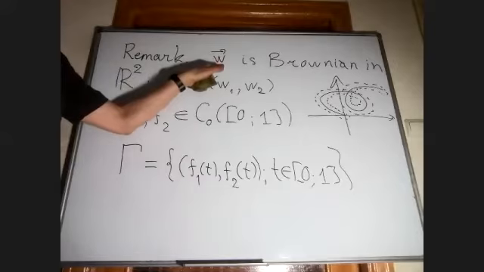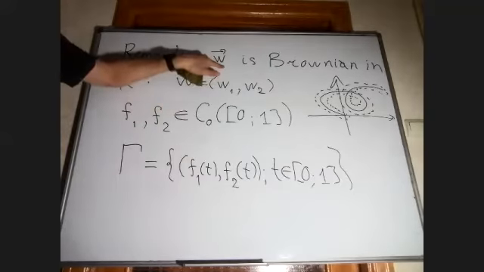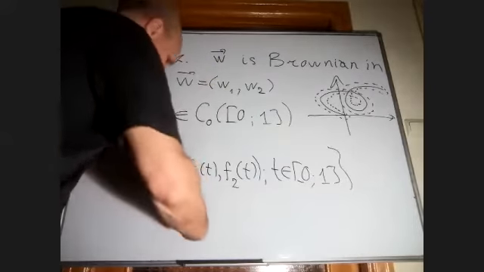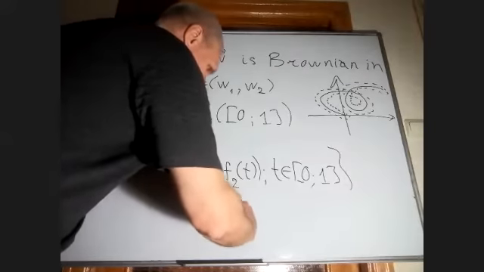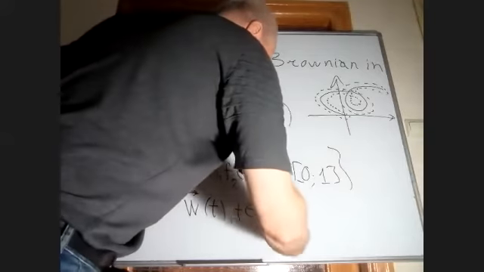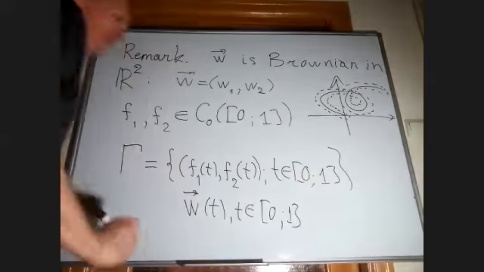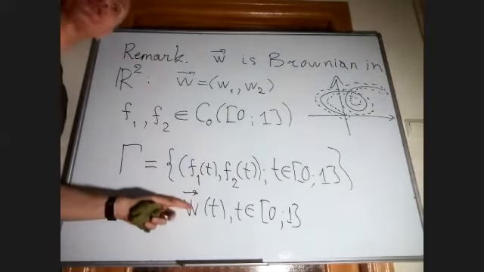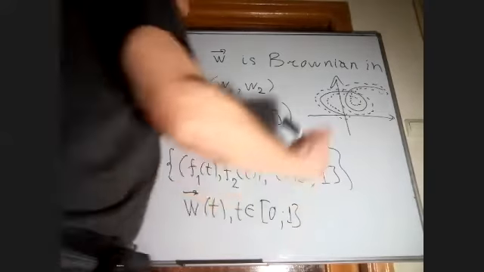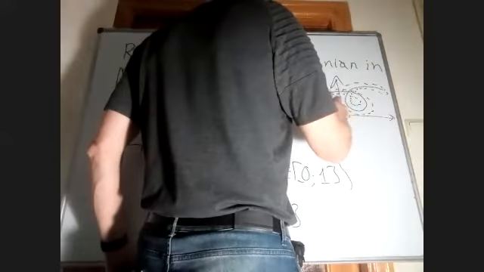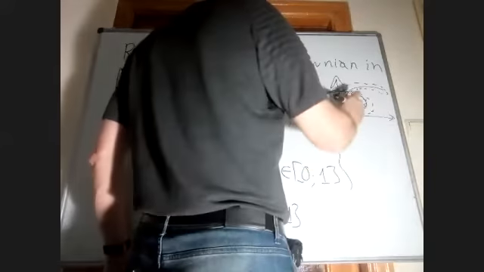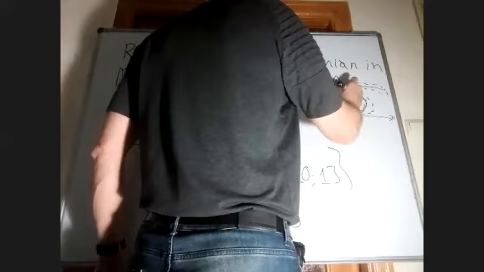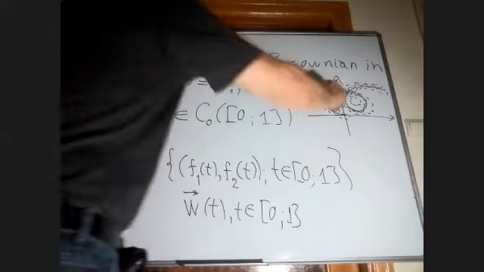We understand that this trajectory W(t), t belongs to 0, 1, such a random curve, with positive probability will live in this corridor. I don't know its precise form. I just can say that it lives with positive probability in this corridor.